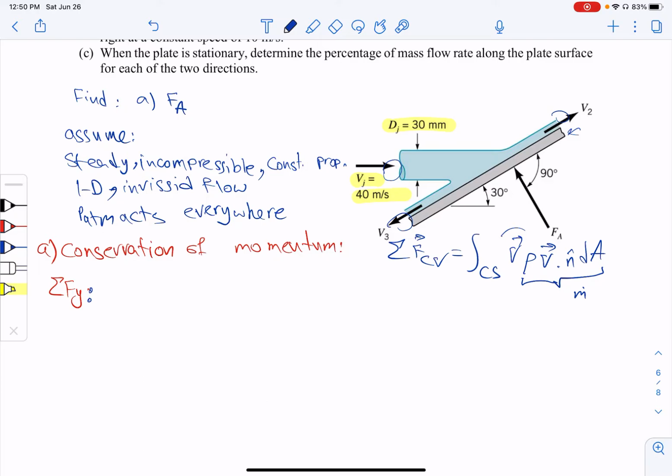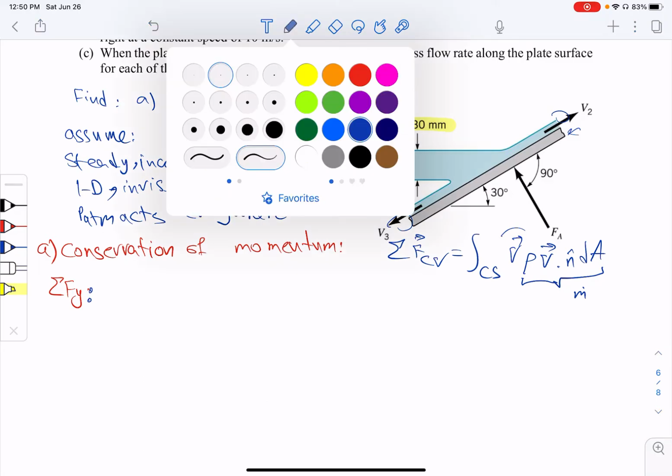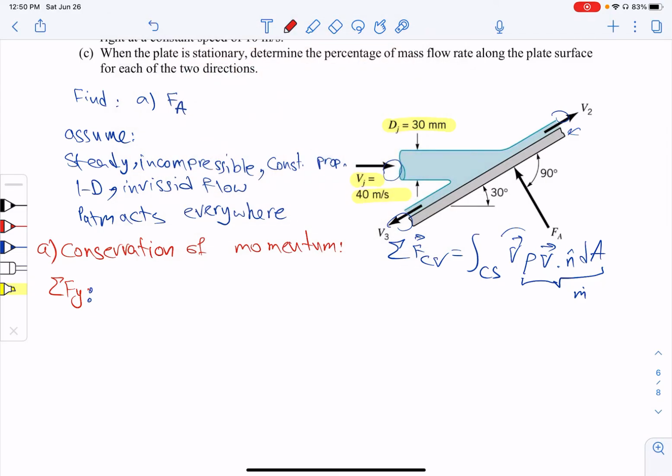Now I'm going to write down the conservation of momentum equation, but first there are some steps that we always follow to solve the question. First we need to draw the control volume. I have my opening here, so I want to have the control surface parallel to that.